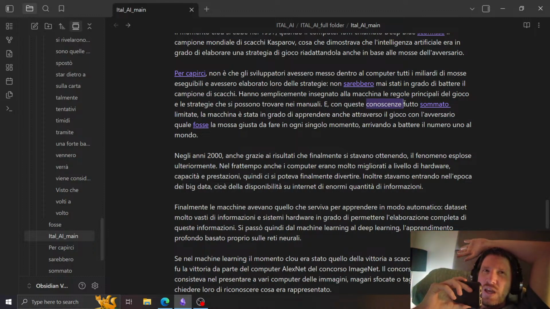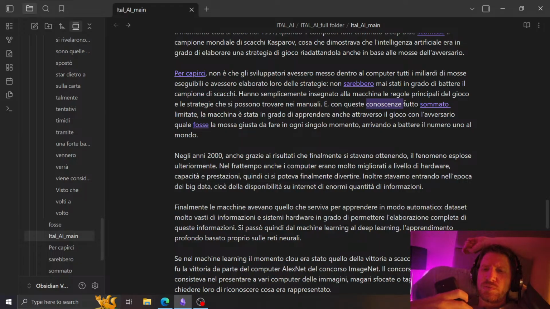I don't get that because conoscenza is knowledge, but what's conoscenze plural? Good point. So, conoscenza is indeed a singular noun, meaning knowledge or understanding. When you use conoscenze with that E at the end, it means multiple types of knowledge or pieces of knowledge. So, in short, it's just the plural form referring to different kinds or areas of knowledge.